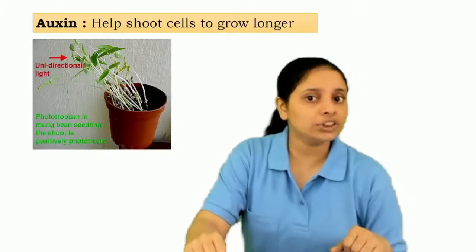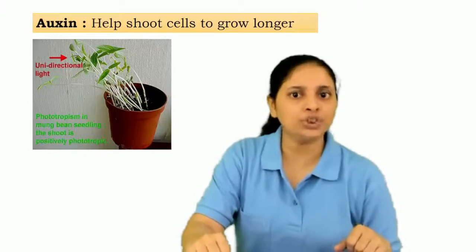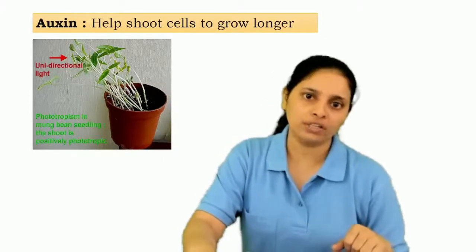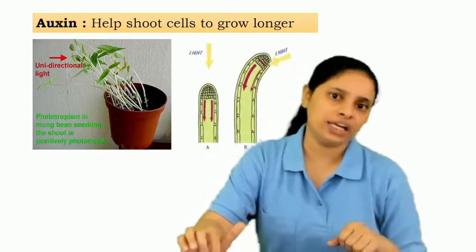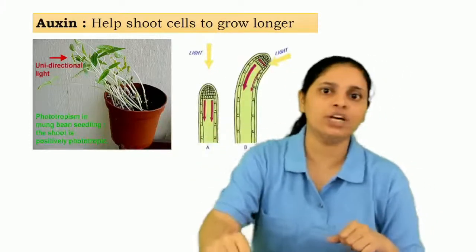So what is the function of auxin? It helps the stem cells or the shoot cells to grow longer. So in short, it helps in cell elongation. So this cell elongation leads to bending of the stem. Clear everyone? Apart from this, auxins in general help in growth of the plant.